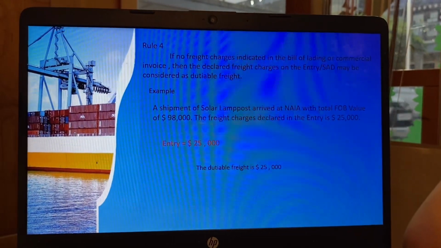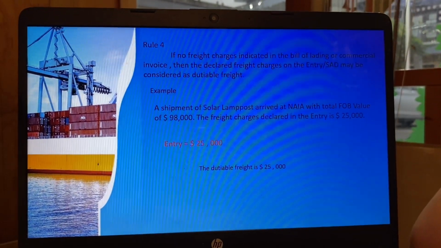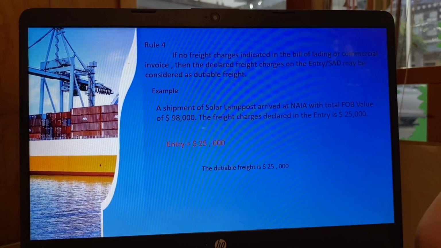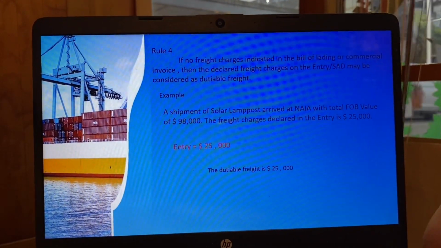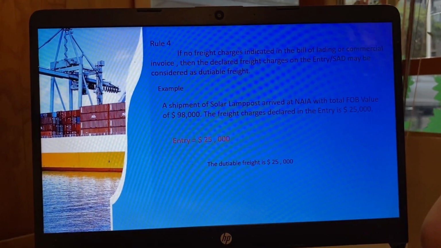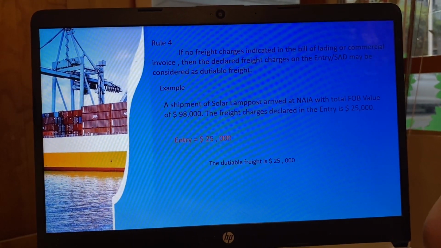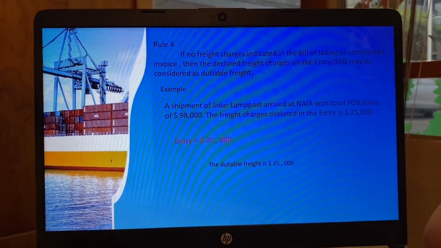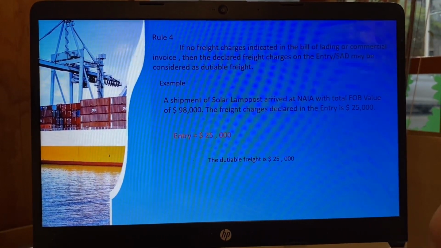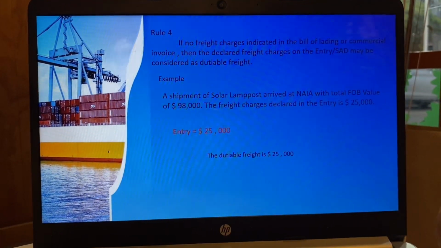Rule number 2 says that we need to compare the commercial invoice with the bill of lading, and whichever is higher, we use. Rule number 3 says we use the commercial invoice, whether it is higher or not. So rule number 4, we use the freight declared in the entry or the SAD.